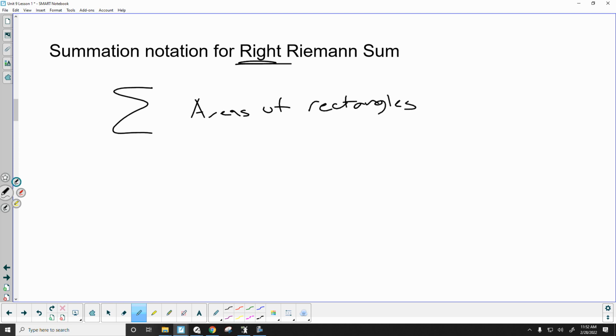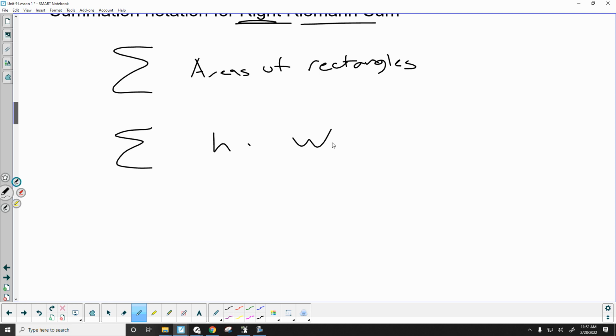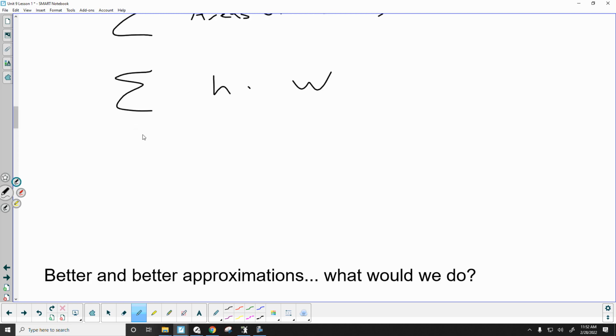I mean, we summed trapezoids too. We've been summing up height times width, right? Where did the height and width come from for all of our examples?